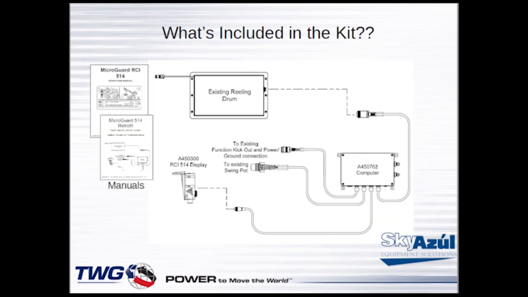We're getting into the same boat with LinkBelt. Remember I showed you the 434 display for LinkBelt? There are lots of LinkBelts out there that have the MicroGuard 404s and 414s and 434 displays. A new option for these is a kit that we engineered called an RCI 514.